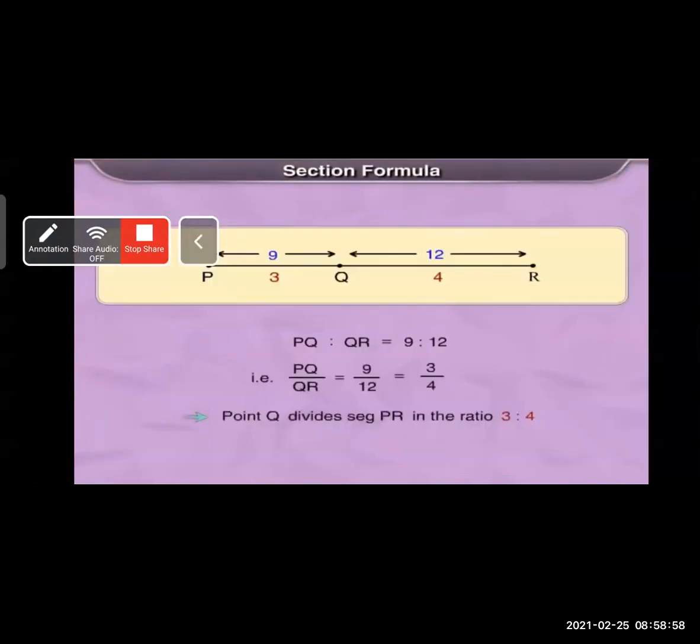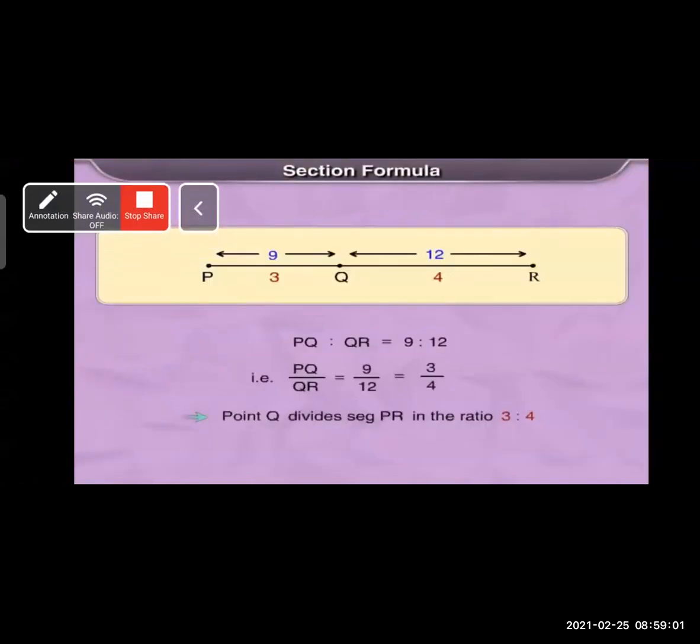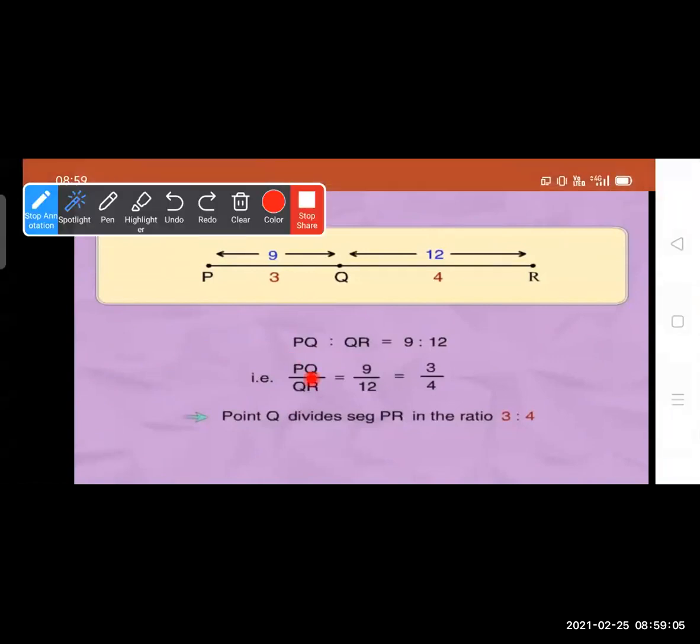See, in this section formula, here we have the line segment PR, and Q is the point which lies between P and R. So we say PQ is to QR.